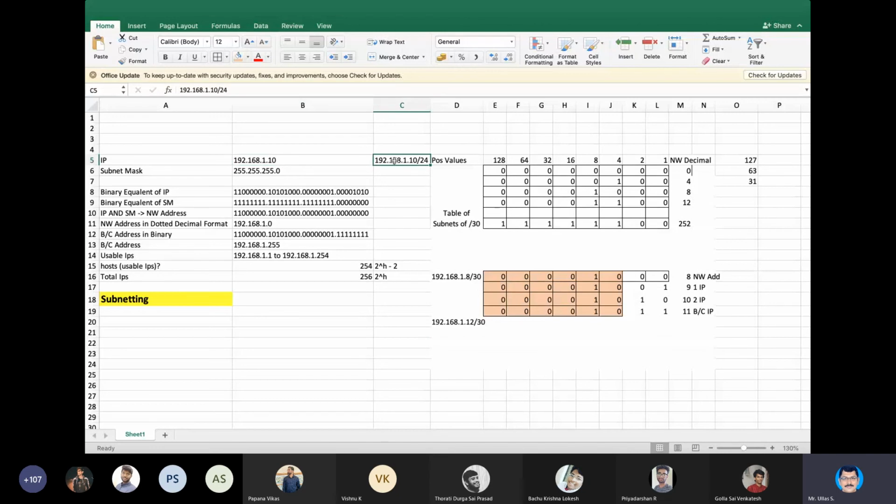I subnetted this network 1.0 into subnetworks of 192.168.1.0/30. The first network obviously is 192.168.1.0/30. I've taken the third one and expanded it, and I've taken this down and expanded it.